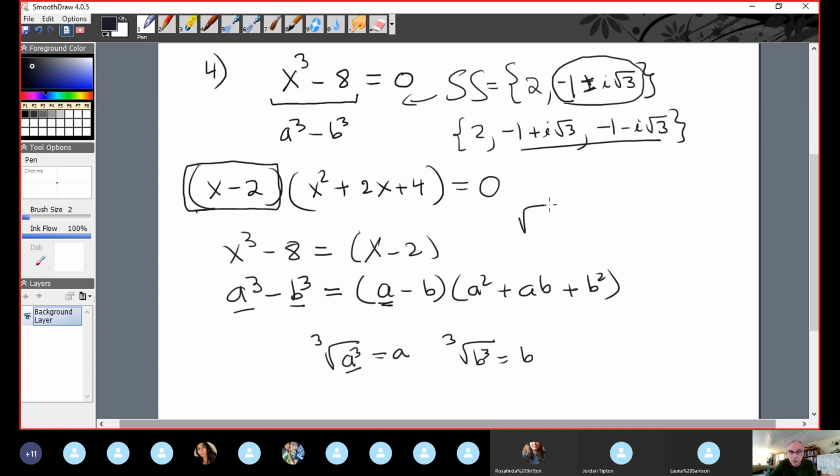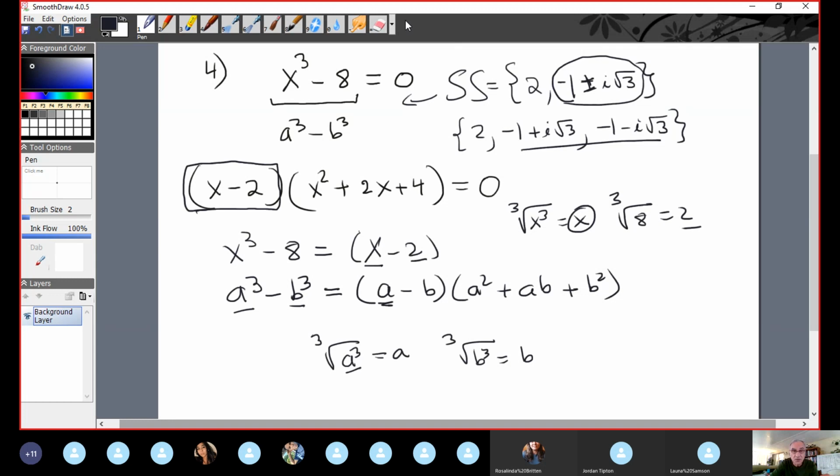Likewise here, the cube root of x cubed is x. And this x is this. And the cube root of 8 is 2. And this 2 is this. It's okay so far? It's okay? Guys, you follow me? Yes.